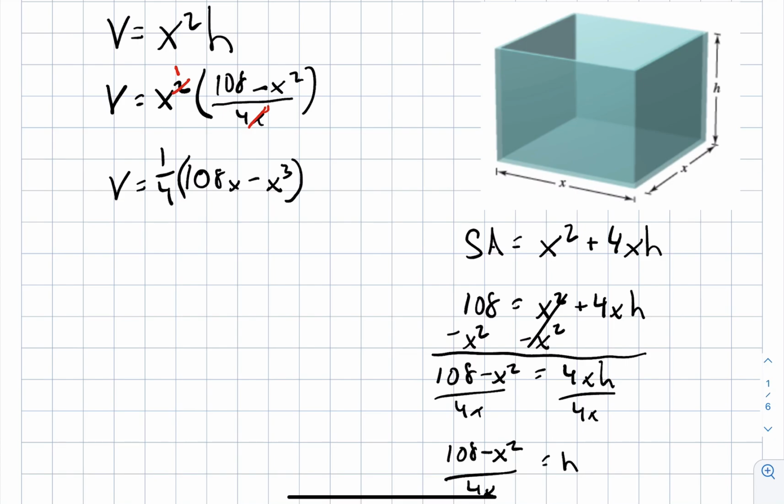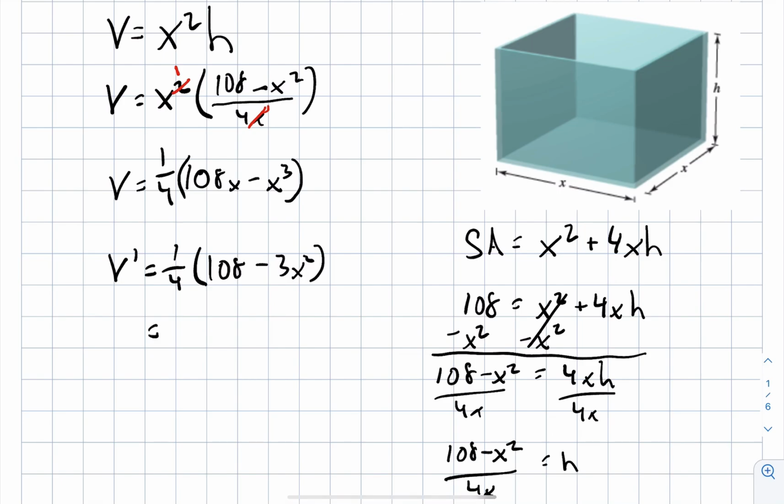So we can find the derivative and then set it equal to 0. So here we go. Derivative then, we can kind of leave out this 1/4 right now, and then take the derivative of what's inside. So that is going to be 108 minus 3x squared. Okay. Now we can distribute this 1/4 through there.